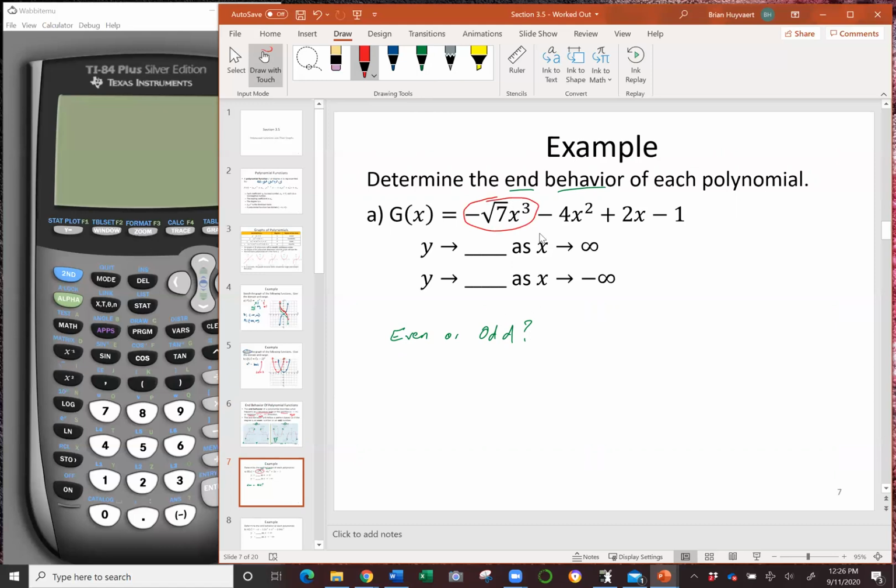So that power 3 is going to be odd. And then the other question we want to ask is whether the coefficient is positive or negative. The coefficient is the number in front of x cubed. So that's negative square root of 7. So I guess that's negative. So we have the combination of an odd function with a negative coefficient.